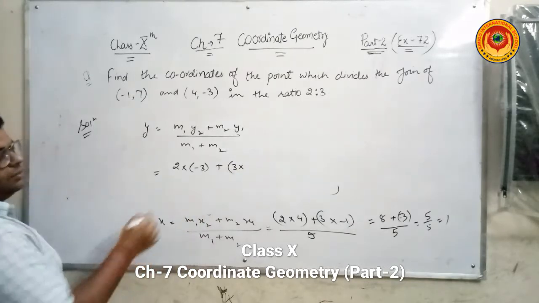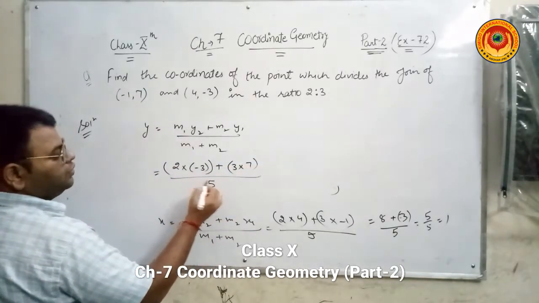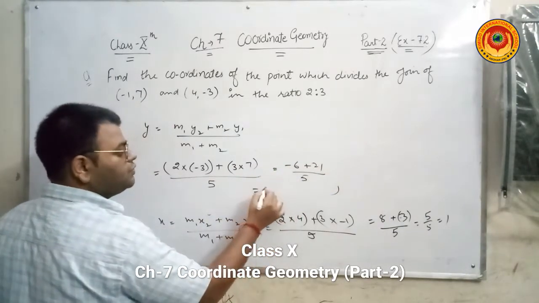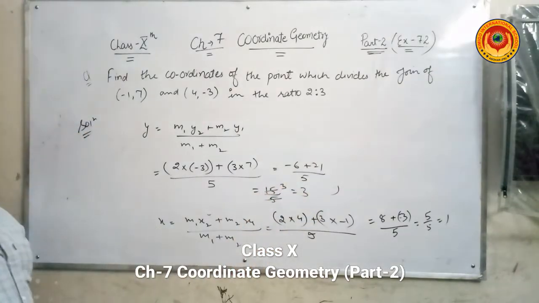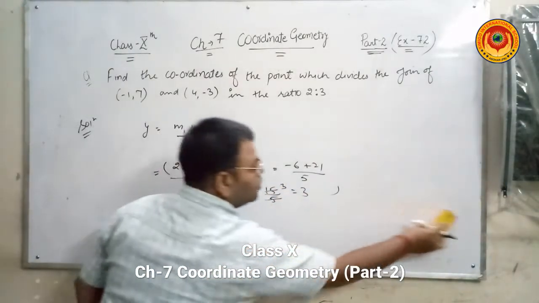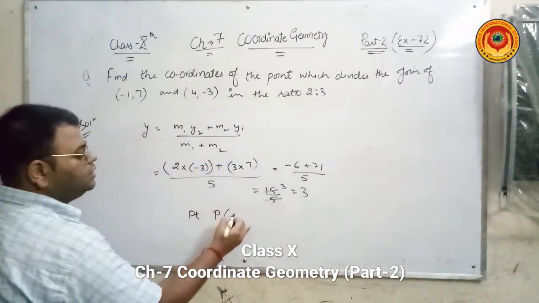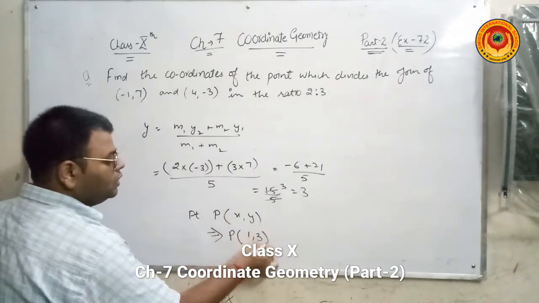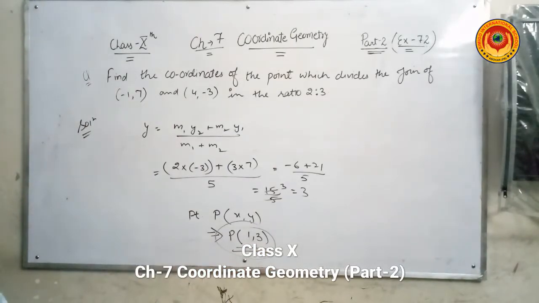What is your y1? y1 is 7, upon 2 plus 3, 5. That is -6 plus 21 upon 5. It becomes 15 upon 5, that means 3. So this is your y. So what are the coordinates of the point? Point P is x comma y, that means P is 1, 3. This is your answer.